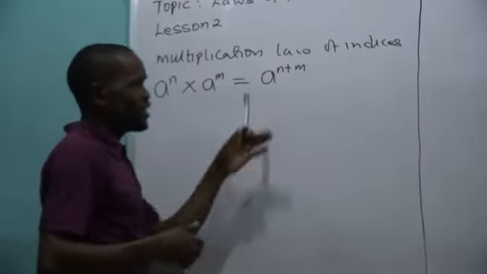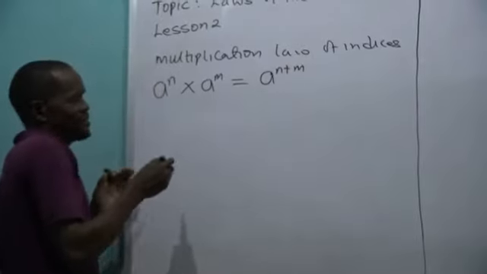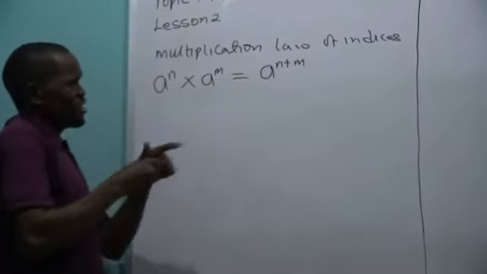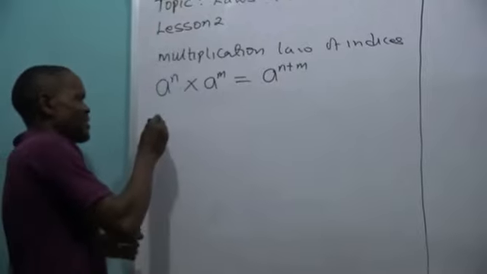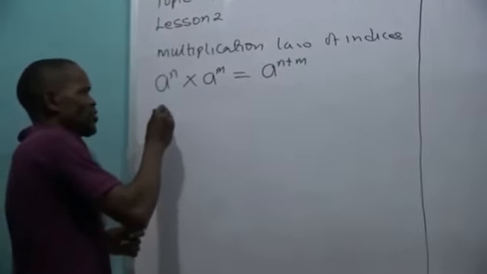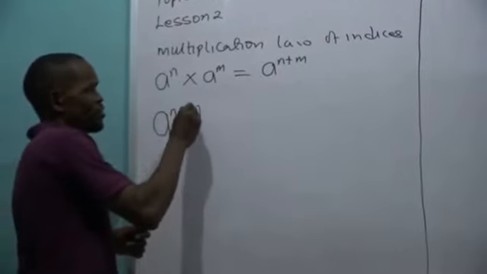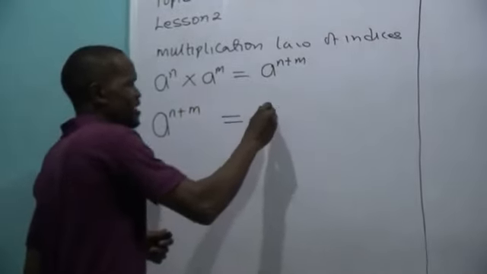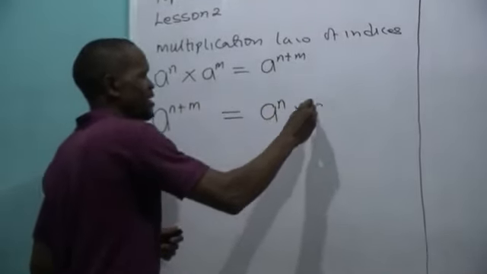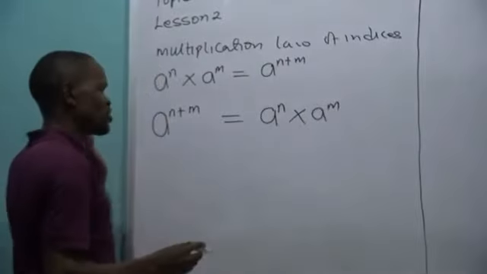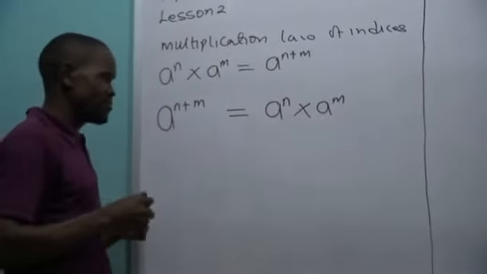But what brings us back here is for us to learn that a raised to the power n plus m can be written as a raised to the power n times a raised to the power m. That means returning back of this.